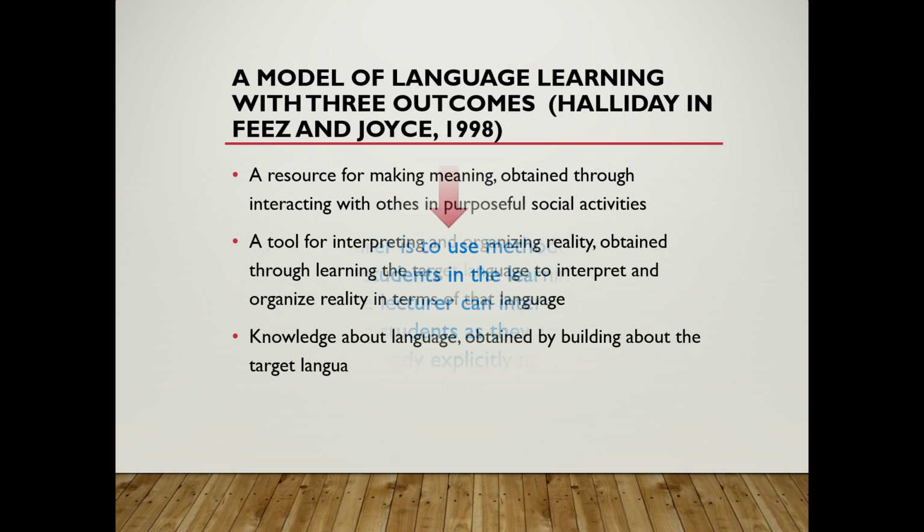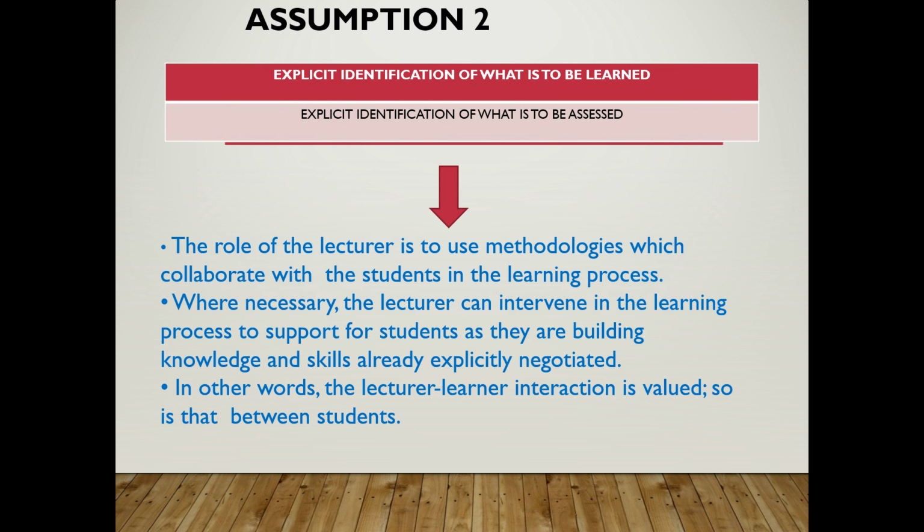Okay. And then the second assumption is the explicit identification of what is to be learned, and also explicit identification of what is to be assessed. So this means the role of the lecturer is to use methodologies which collaborate with the students in the learning process.